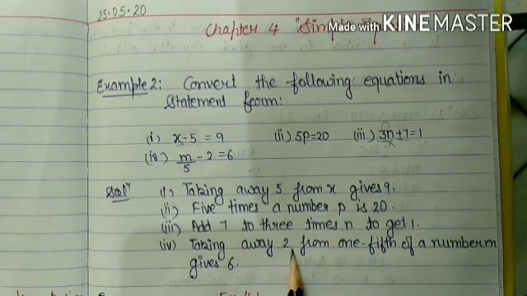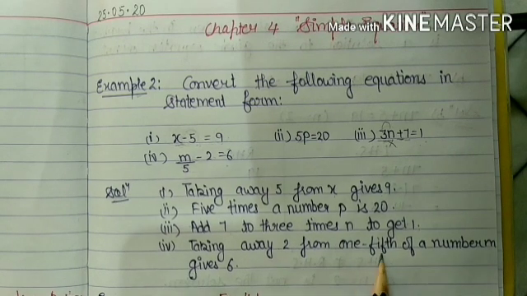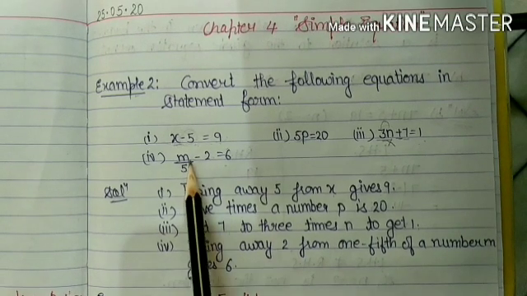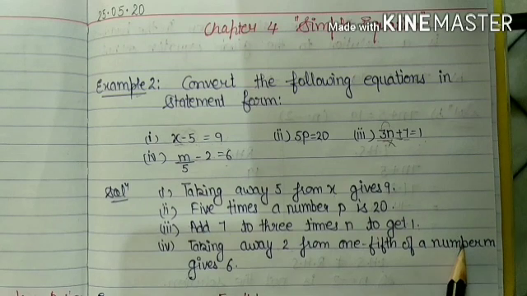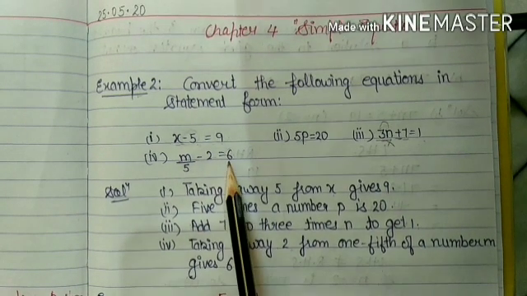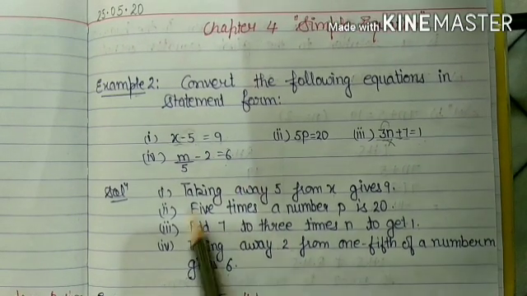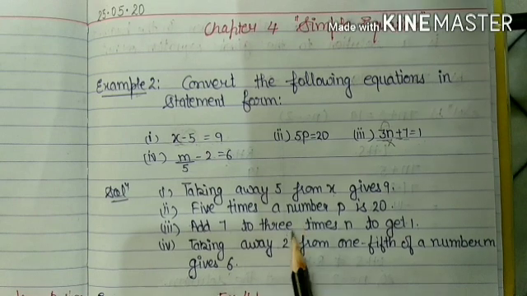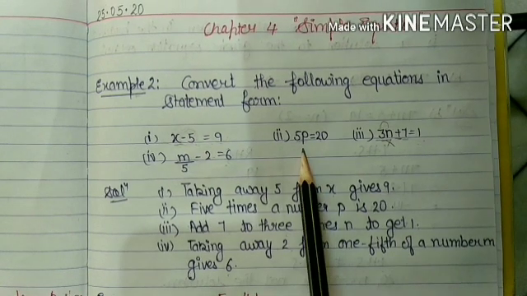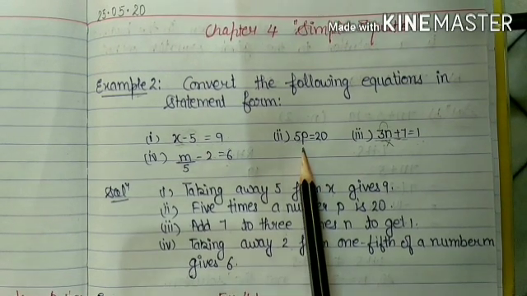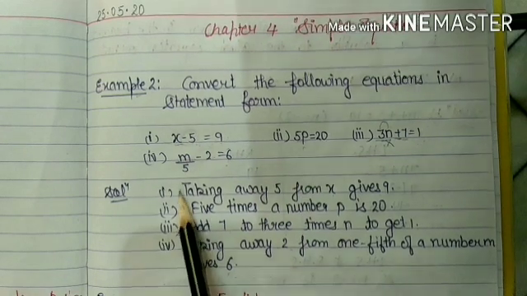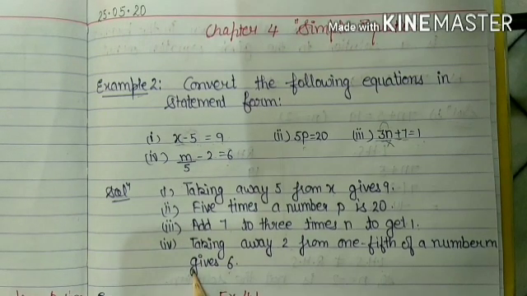Taking away 2 from 1/5 of a number. Which number is it? m. So the number m gives 6, because the right side is 6. So you can change the wording, but it must be according to the given equation. This form is called the statement form.